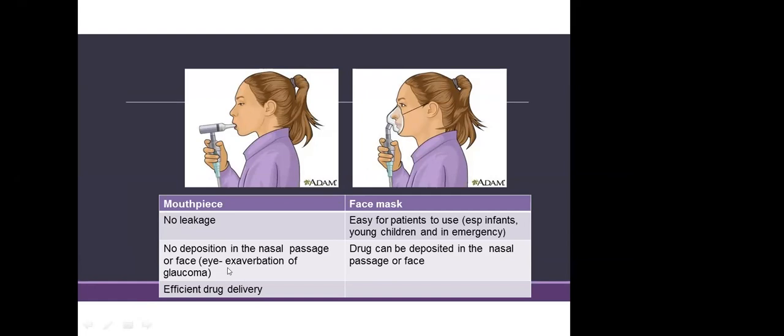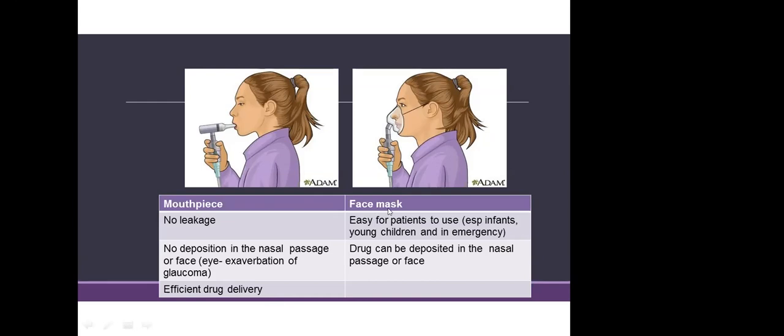For example, steroid and anticholinergic can exacerbate glaucoma if the medication is deposited into the eye. Other than that, an advantage of the mouthpiece is efficient drug delivery.